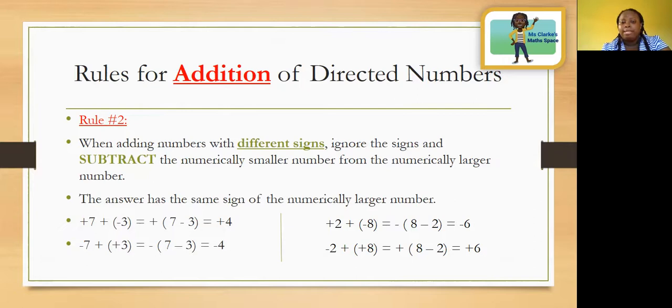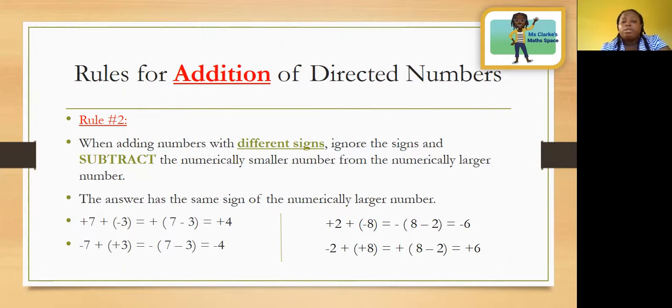And we have some examples. The first example here, we have positive 7 plus negative 3. So you're following along with the cursor. We have different signs, a positive 7 and a negative 3. We're going to ignore the sign, so basically we're just dealing with the numbers 7 and 3. That's the first thing.